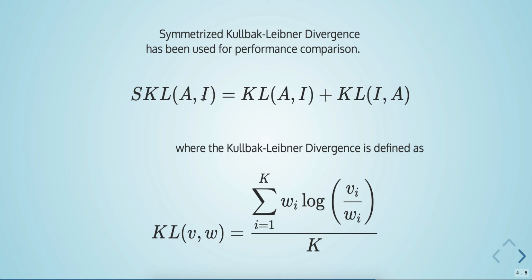So S_KL of Ai is simply the symmetric sum of the two. This is an operator which is defined especially for images, to compare two images one to the other, but not only for this purpose.